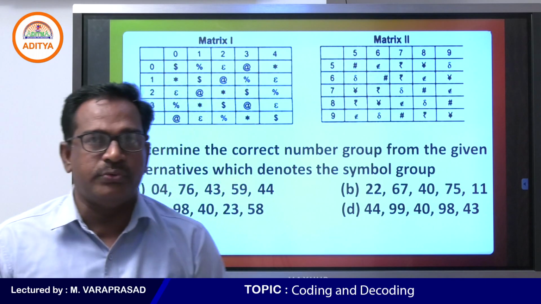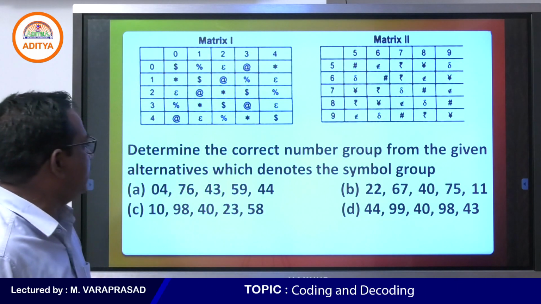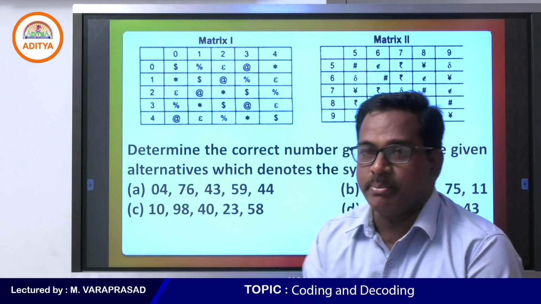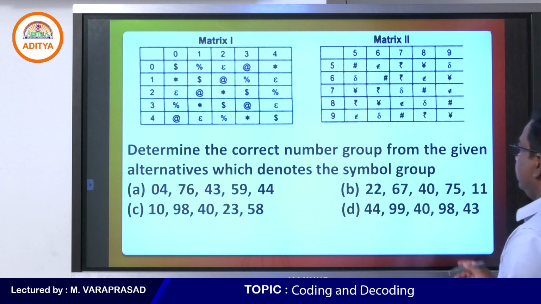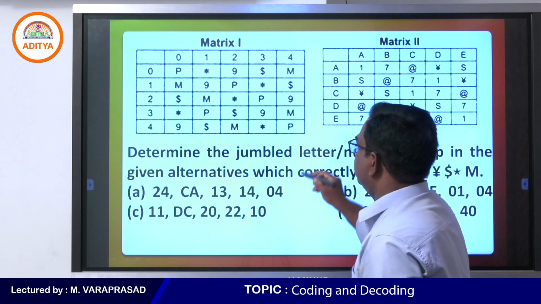Yes my students, now how will you represent the symbols? The question I am giving here, how will you represent it? Here, how will you represent star?